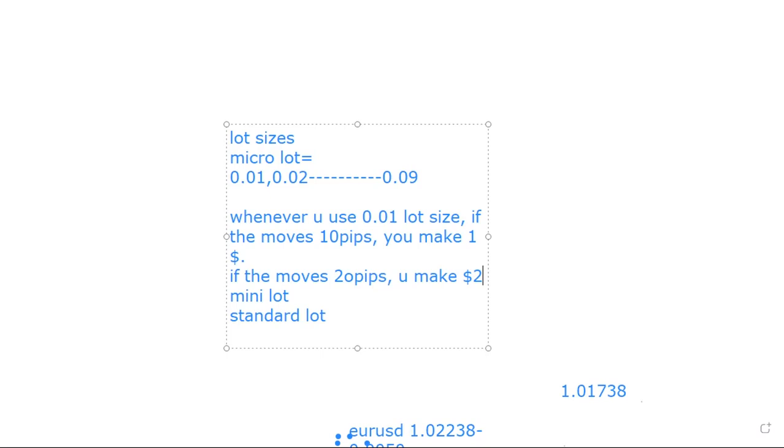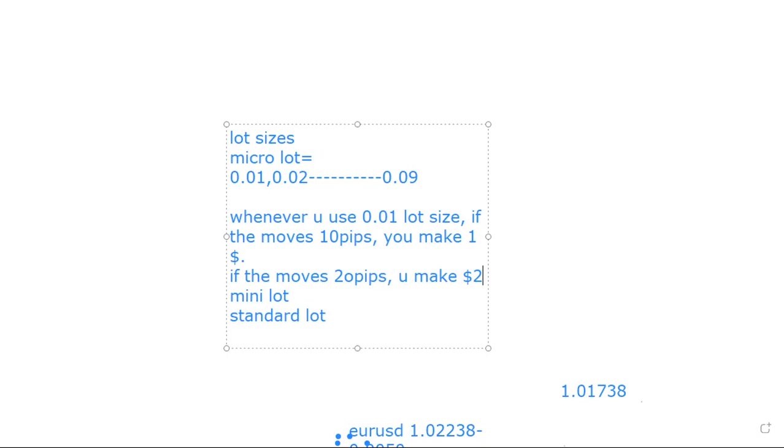So the more the market moves, the more your dollars increase based on your lot size. But let's say you were using 0.05 lot size. If the market does 10 pips, you'll be making $5. If it does 20 pips, $10. 15 pips, $15. Sorry. That's how the market reacts with this lot size.